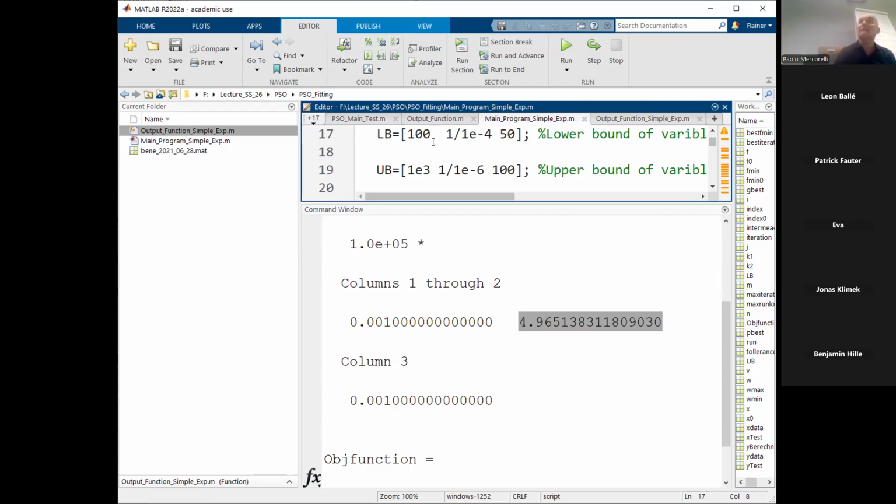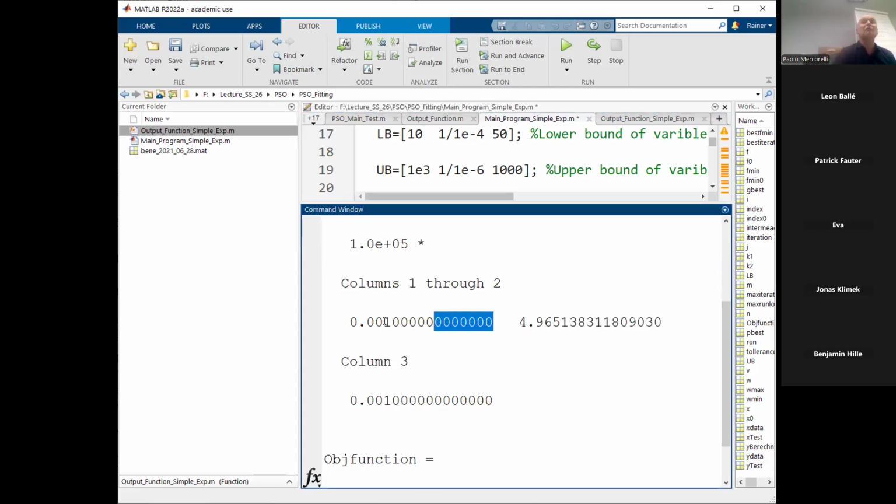Let me say 10. And let me say here, instead of 1, 100. It could be that nevertheless, excuse me, instead of 100, 1,000. It's clear what I intend, because PSO sees that the minimum for this parameter is less than 100, because it crashes against the wall. It's outside of this room.